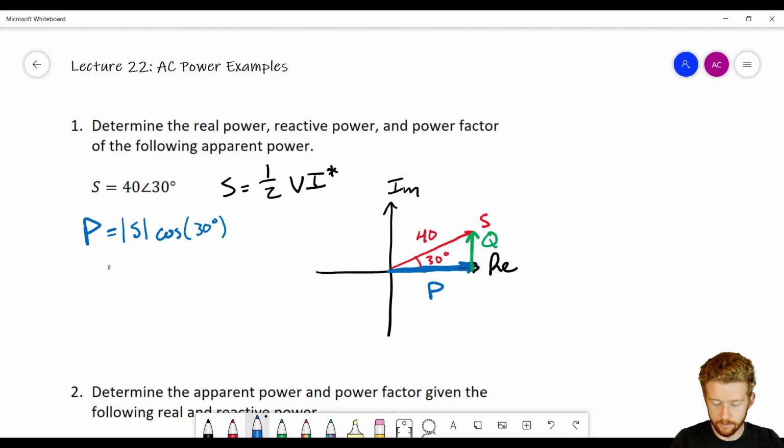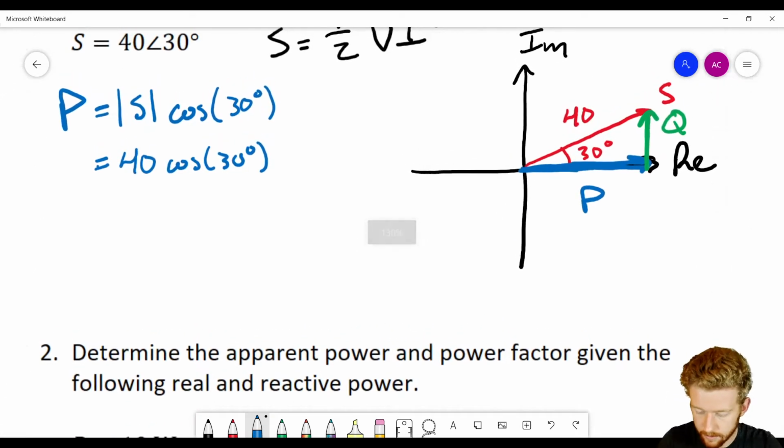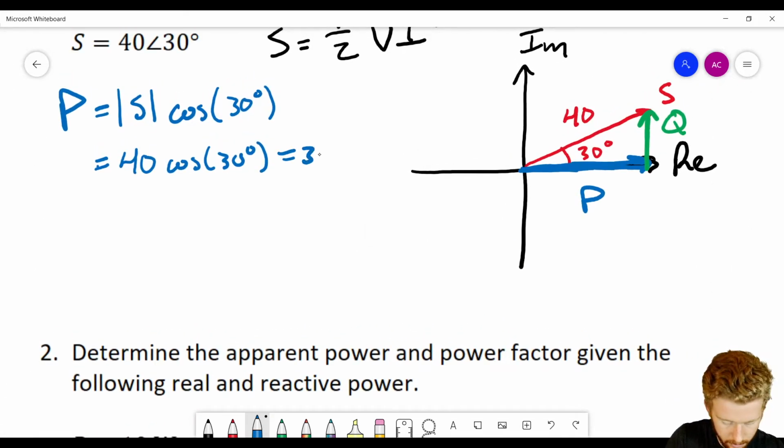So this is going to be 40 cosine 30. And if I plug that into my calculator, 40 times cosine 30, that's going to give me 34.6 watts. The units for real power is watts. If we're talking about reactive power or apparent power, then it's not watts. If you don't remember those, I'll remind you of them as we go.